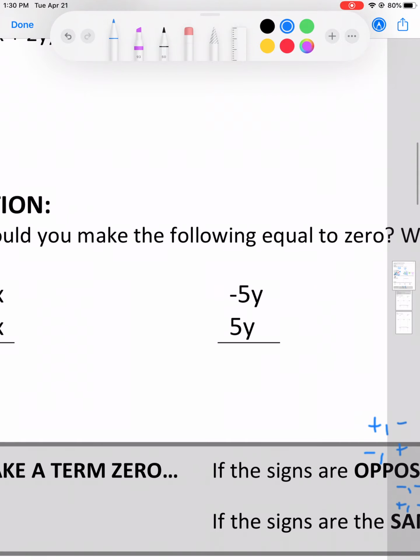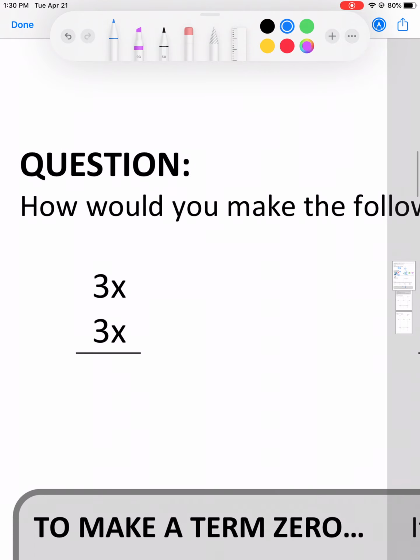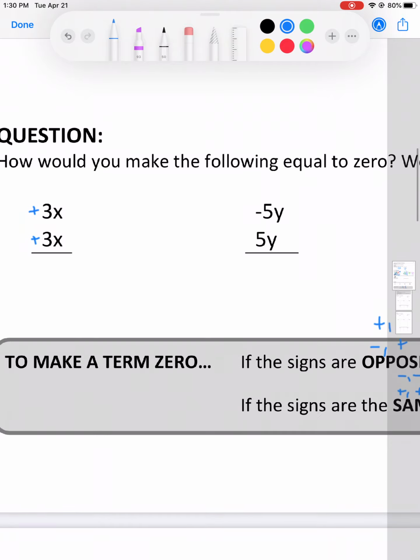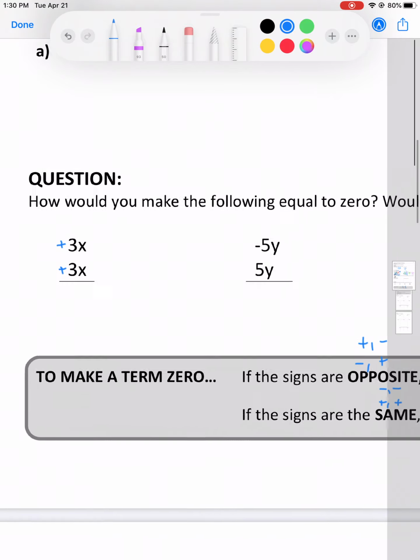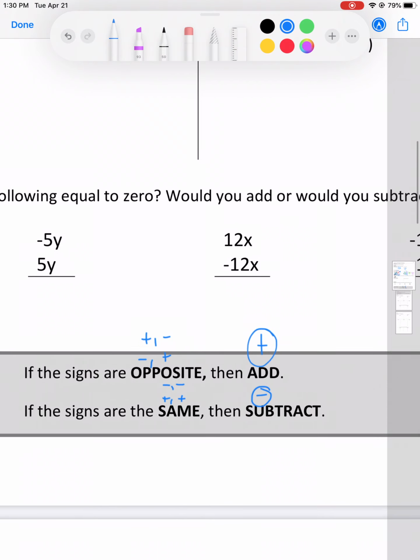So if we go to our first example, we have 3x and 3x. Okay. The signs are positive. Because it's not listed, it's positive. Okay, it's an assumption we make in math. It's a correct assumption. So are the signs the same or different? They are the same. So what do we do?